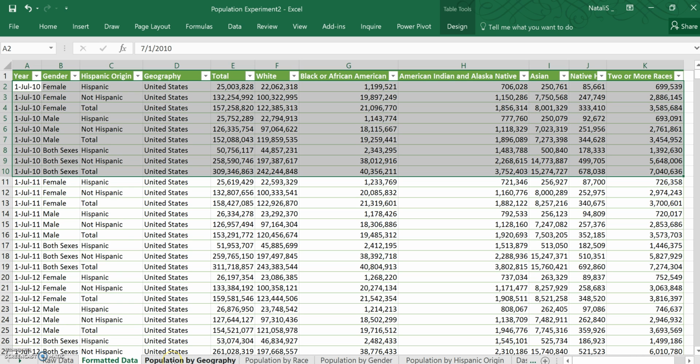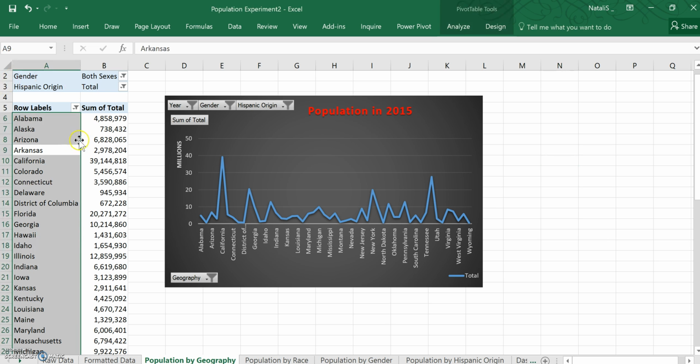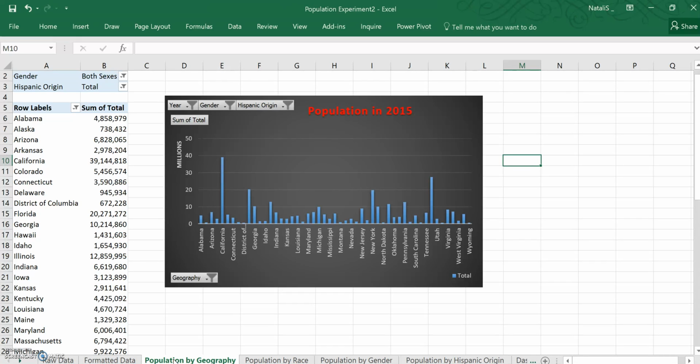The first pivot table I did was on population and total by geography. I started from population by geography.